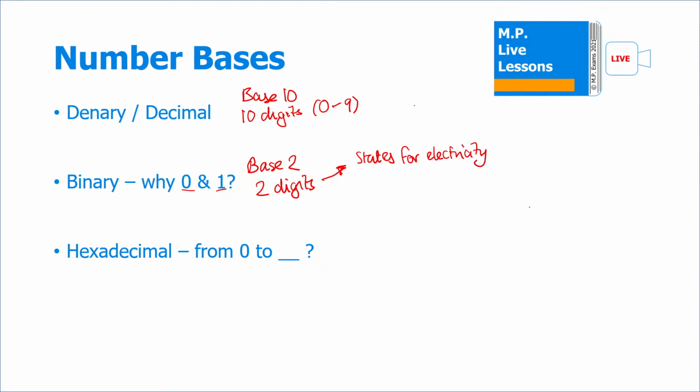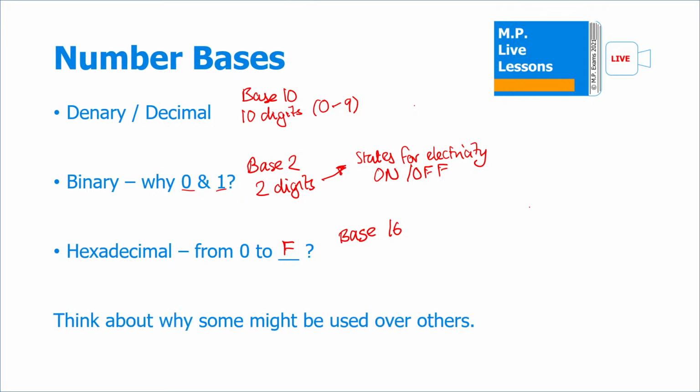Because many things in your computer are made up of switches and they can be turned on or off, in a simple way to put it. Hexadecimal is base 16, and we'll use 16 digits, so it includes 0 to 9, but goes even further. It goes to F.